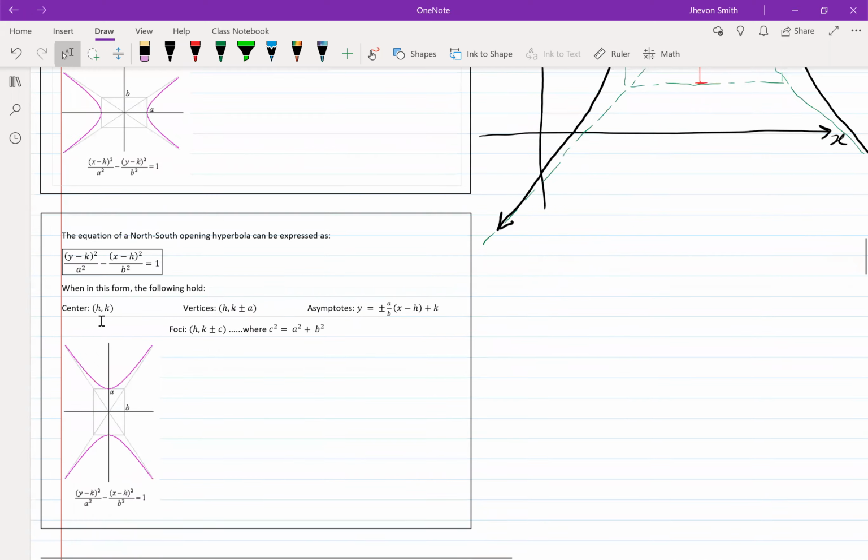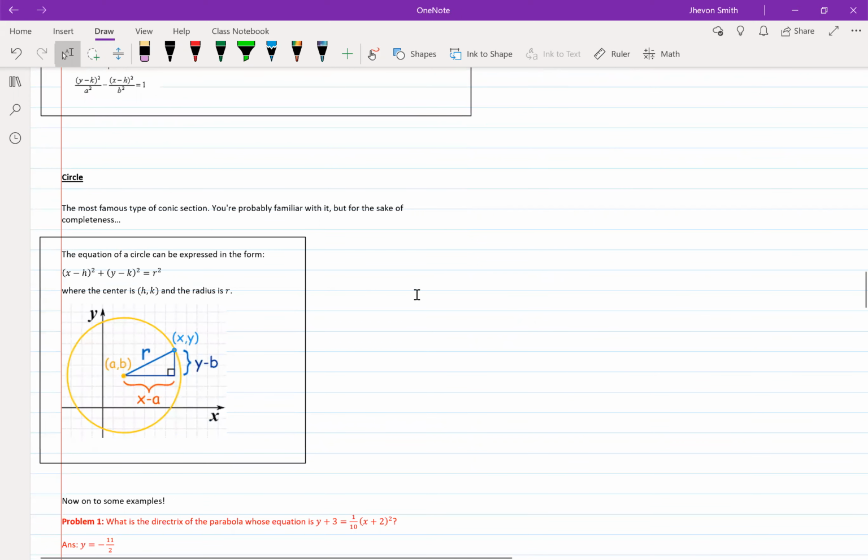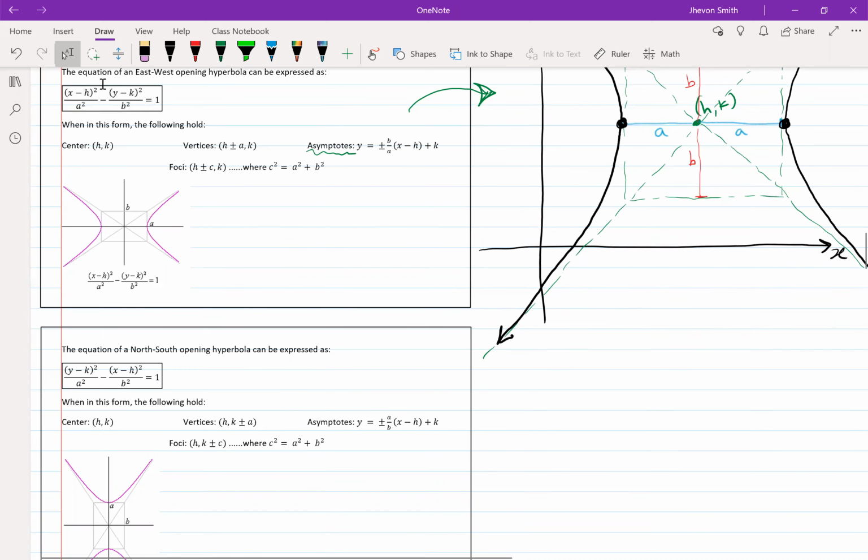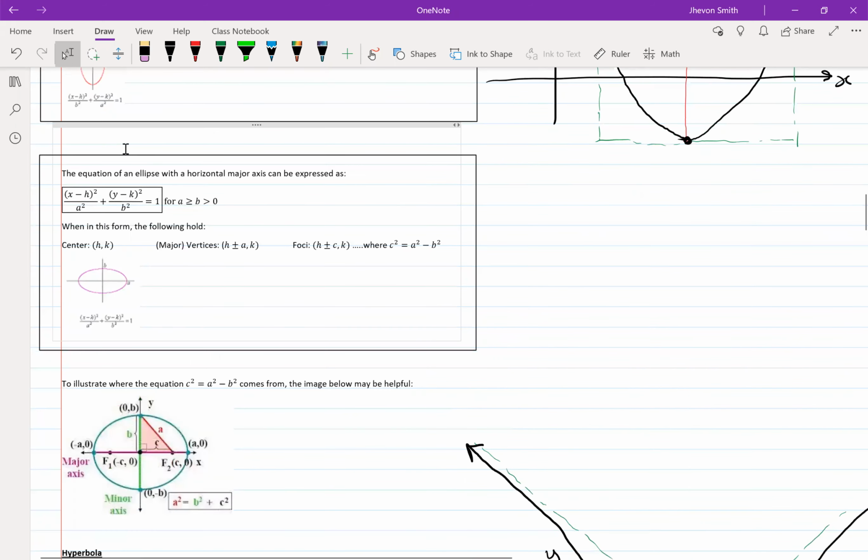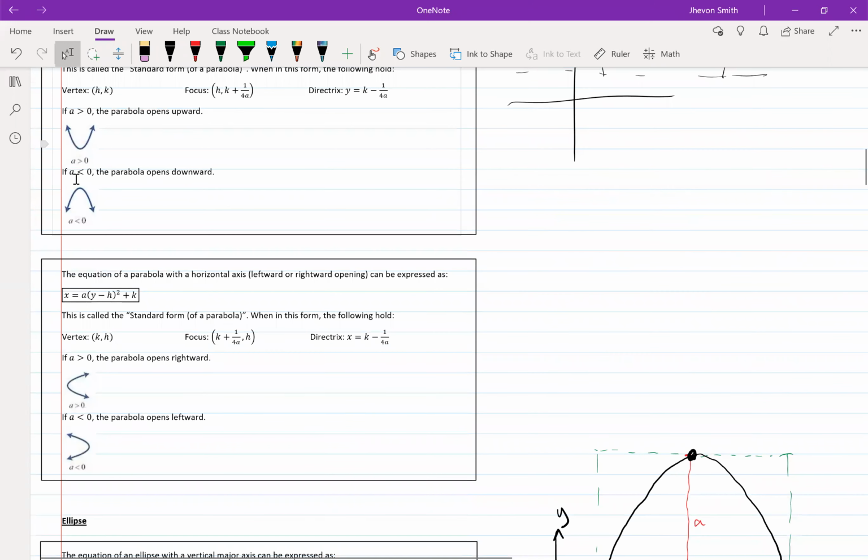But just like with circles, if everything's expanded and separated, you can get it into this form by completing the square. So that's an additional thing that might have to happen with problems like these. You might have to complete the square to actually get it to look like one of these guys.